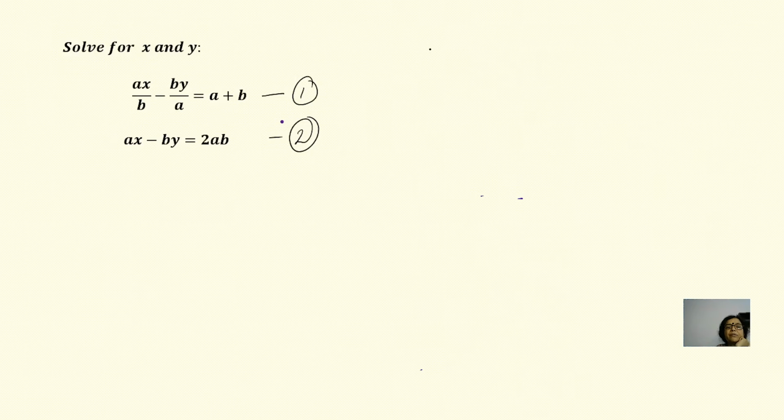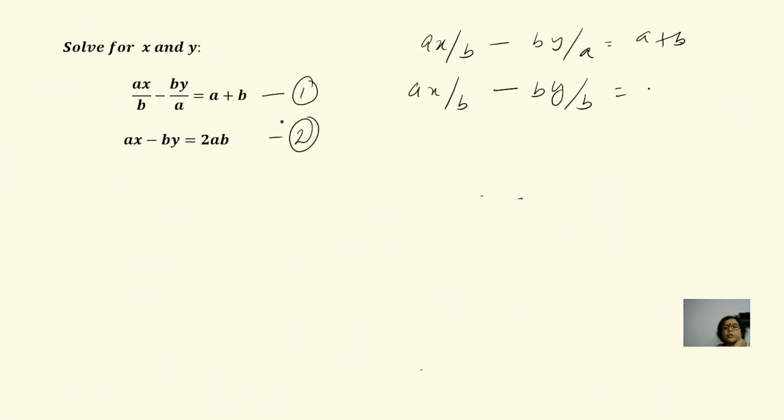So here I'll write the first equation as it is, ax by b minus by by a is equal to a plus b. And the second equation I'll divide by b. So I'll get here ax by b minus y, that is by by b, is equal to 2ab by b.